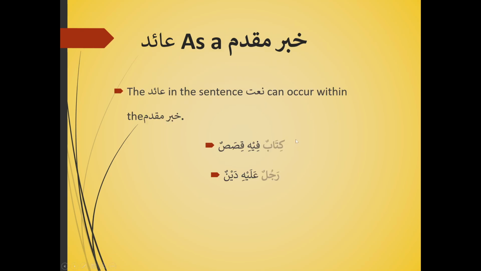Okay. This does not look like a khabar muqaddam to me. It looks like a khabar. Because the qisas is behind. It should have been in front. I see. Yes, that's true. It's khabar muqaddam. Alhamdulillah.